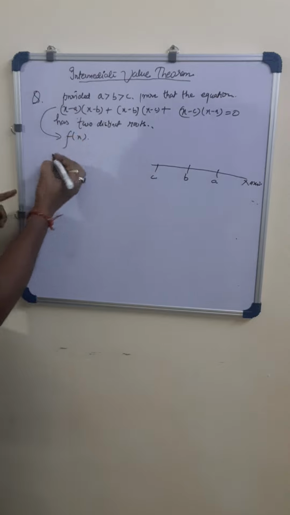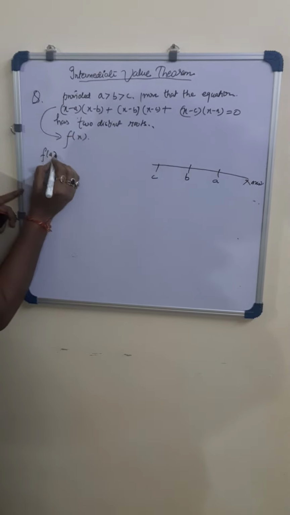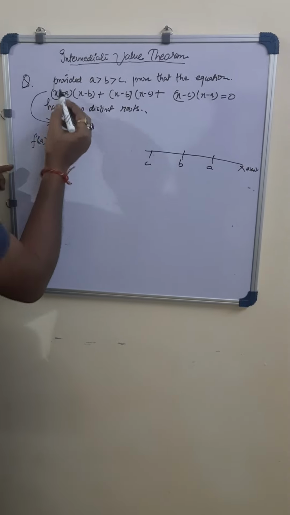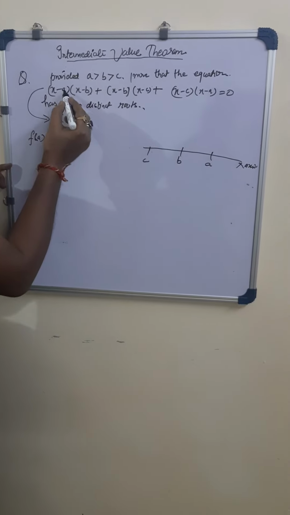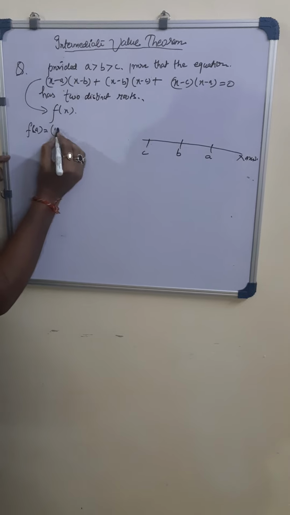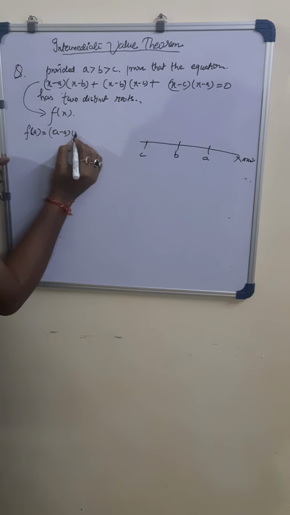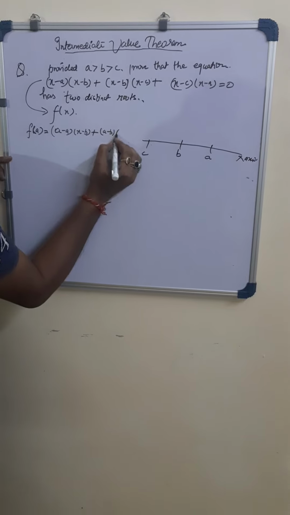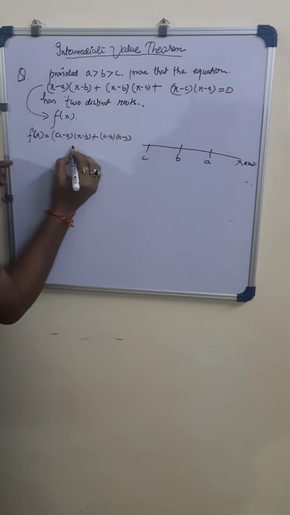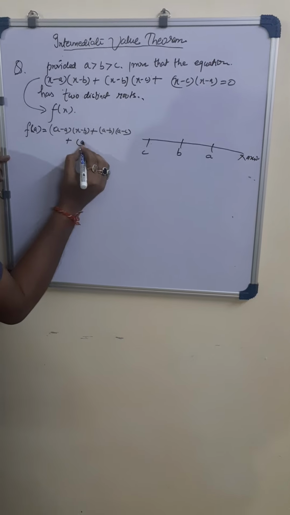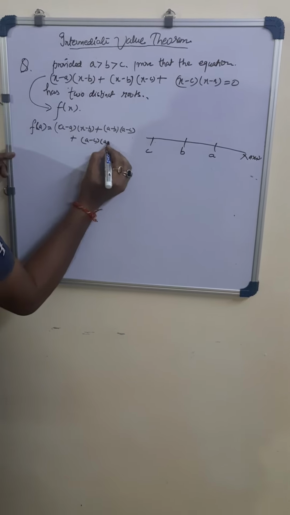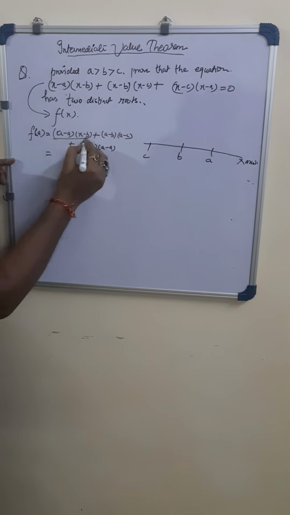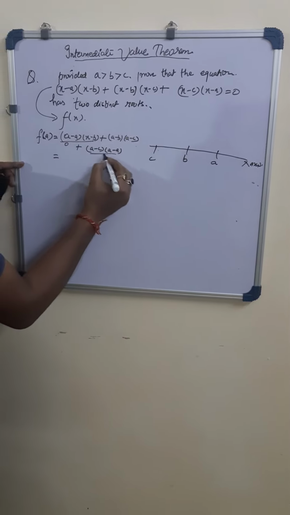So first find out f(a). While you substitute x with a, a minus a is equal to 0, so the first term is 0, and the last term also has a minus a, so that will be 0.